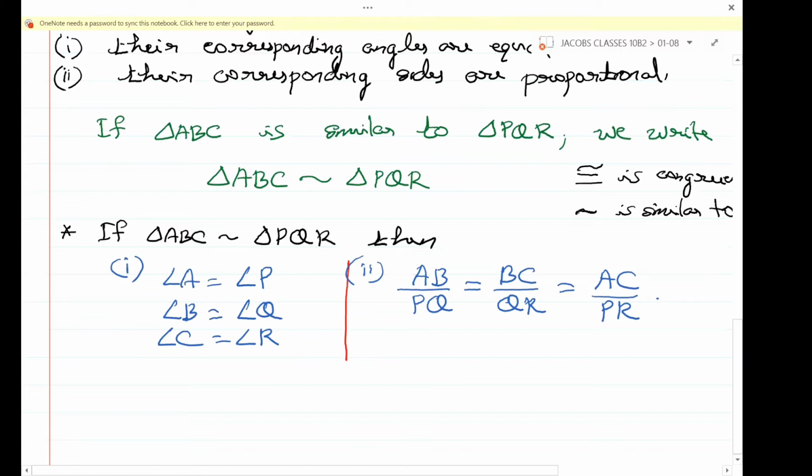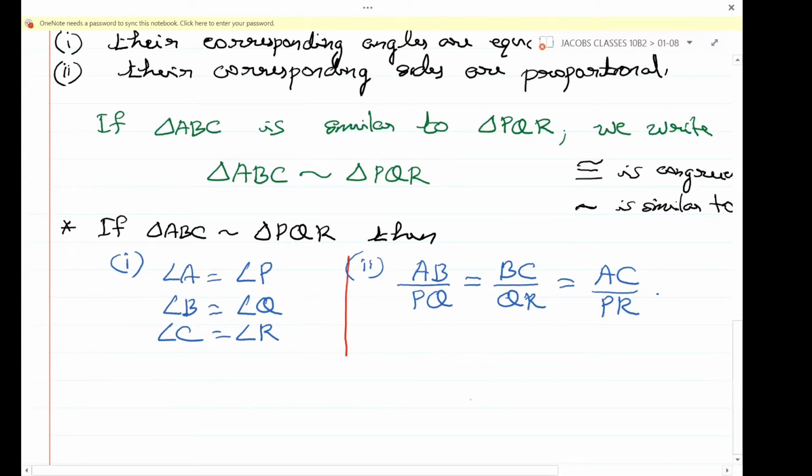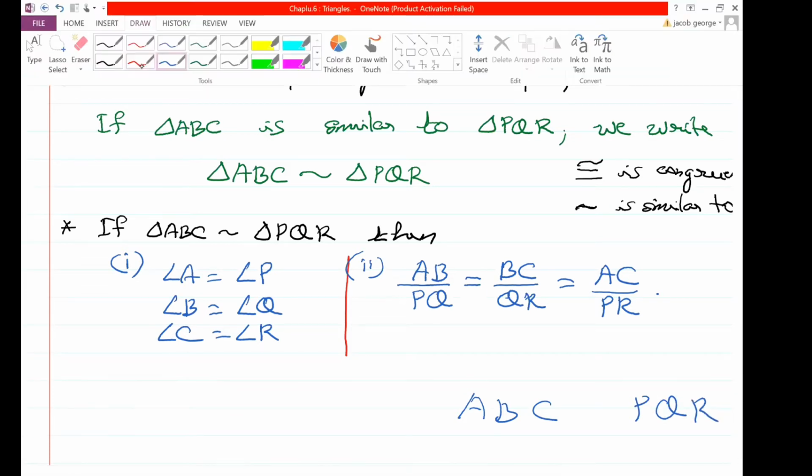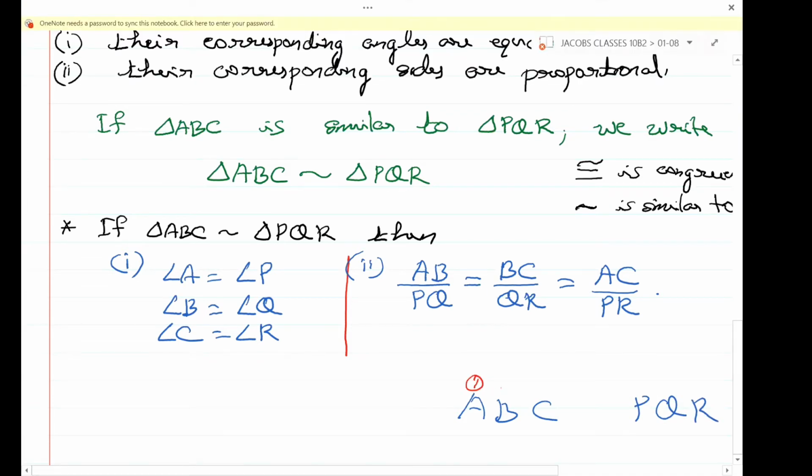Corresponding means when you write the names like A, B, C and P, Q, R, the positions are very important. This is the first, second, third, and here first, second, third. Those positions we keep. First position angle A, and on the right side first position it is angle P. Angle A and angle P are equal.